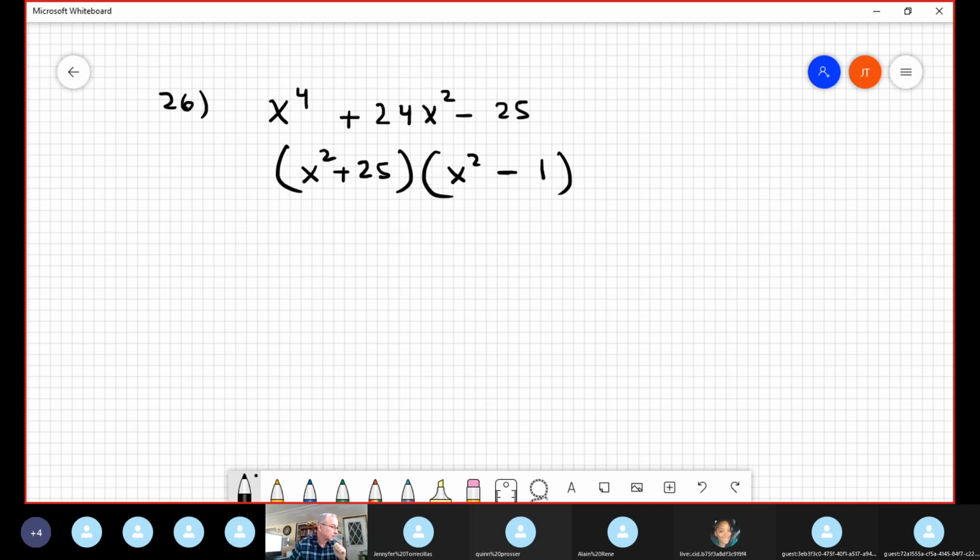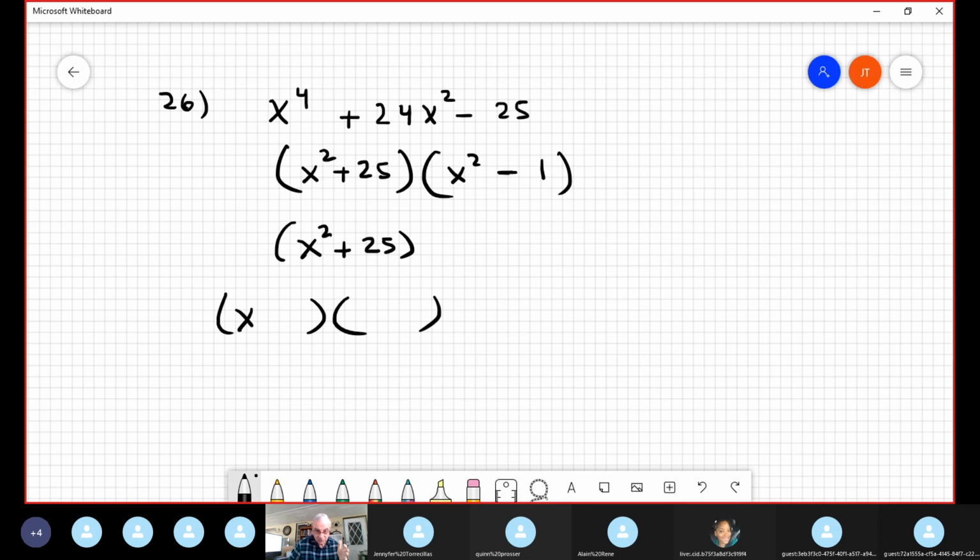And now I can focus on the difference of squares, because I know that this factor x squared plus 25 is prime in the real field. The only possibility to break it down is in the complex field. Okay, by the way, this is a curiosity.